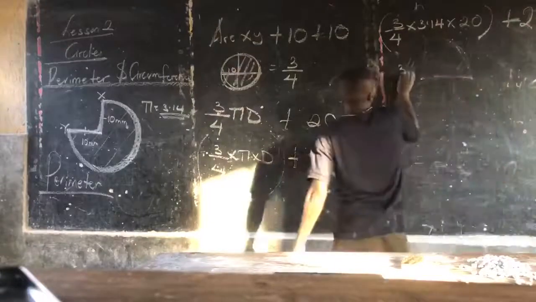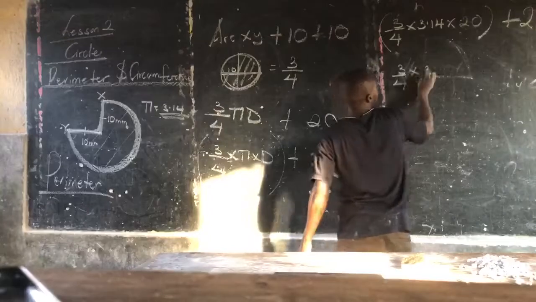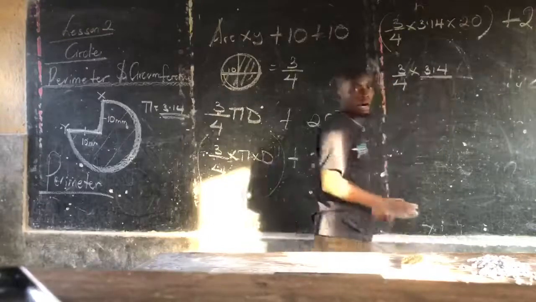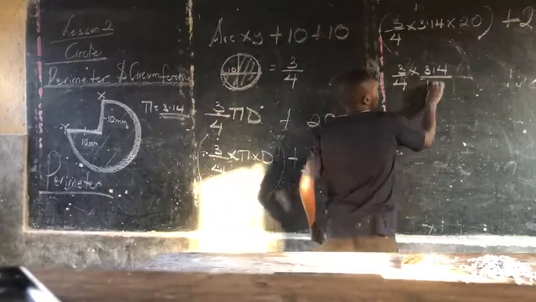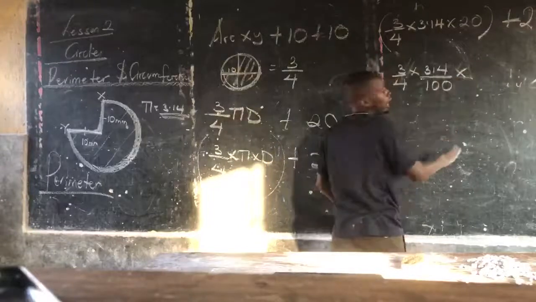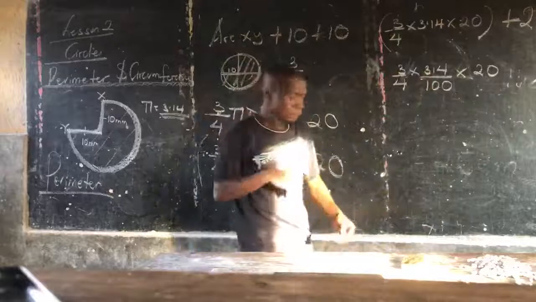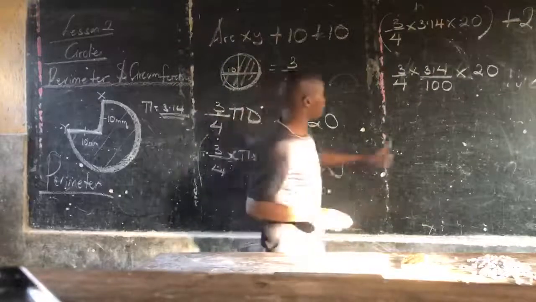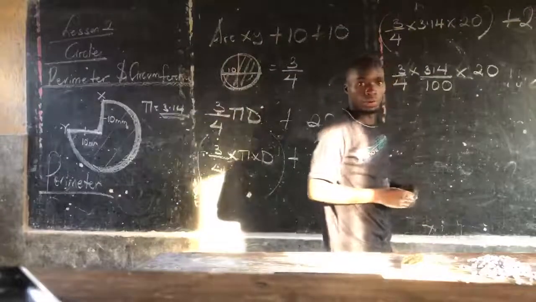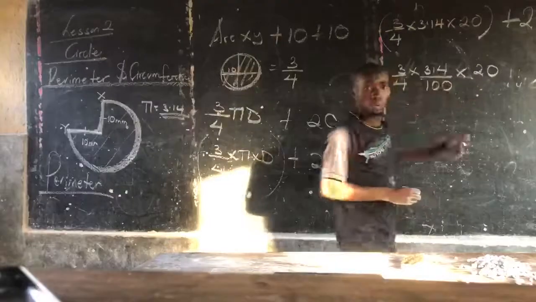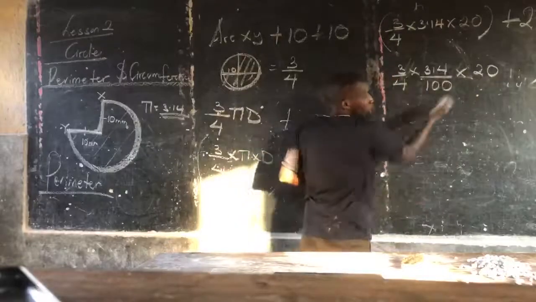Again, 3 over 4 times 3 1 over 100, times 20. Are we together? These numbers are divided by 4. These numbers are divided by 2, up and down.